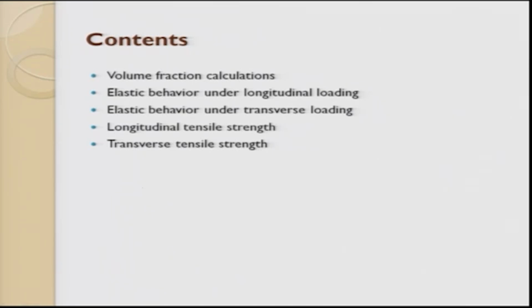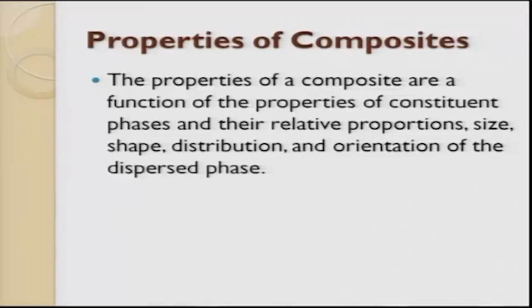Basically, in the elastic region and in the plastic region, we are trying to find out properties for a given composite. The properties of a composite are a function of the properties of the constituent phases, and different relative proportions, size, shape, distribution and orientation of the dispersed phase dictate the property of a composite.